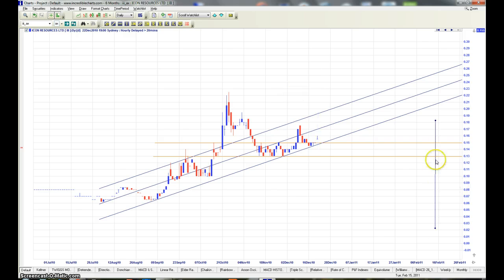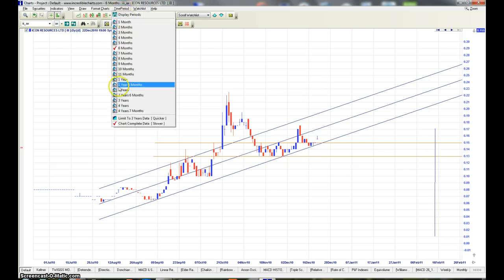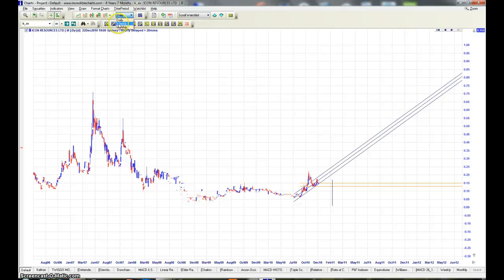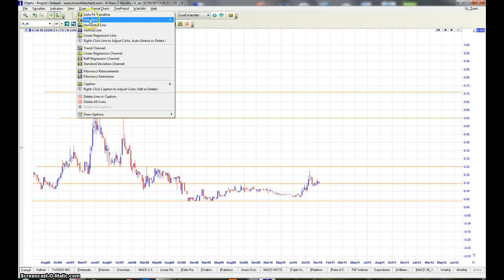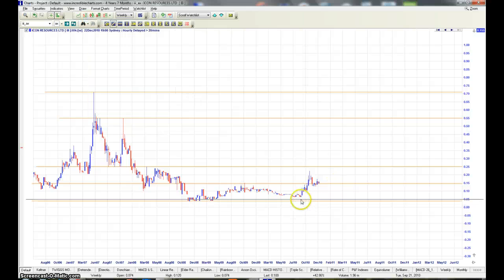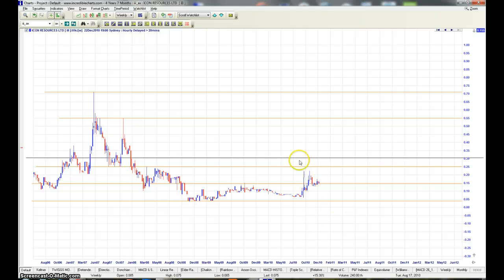Well, I think we need to go back to the bigger picture, the weekly, and if I draw that range from there to there, what you'll find is that it is a repeating range.